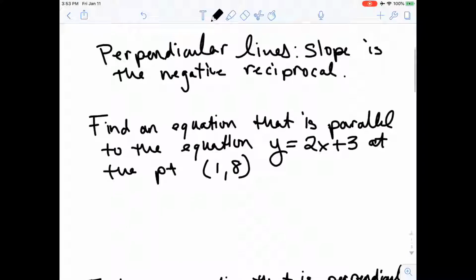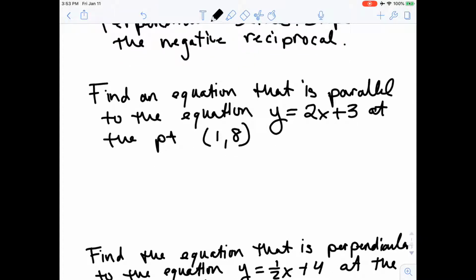So the first question that we have is find an equation that is parallel to the equation y equals 2x plus 3 at the point 1, 8. Okay, so what you do is you need to pull out your slope from this equation, right? You need to know what type of line that you're finding, and then you need to know your point. And in our last video, I covered the point slope form.